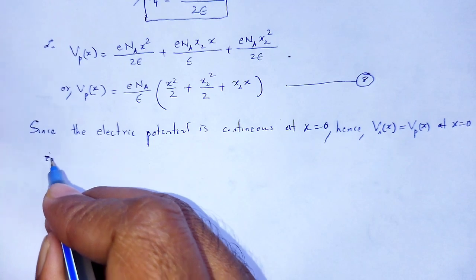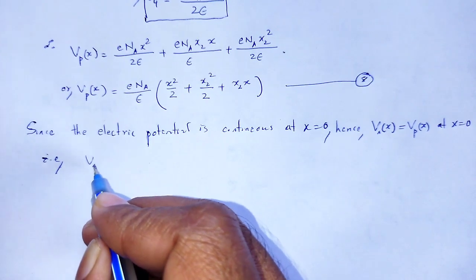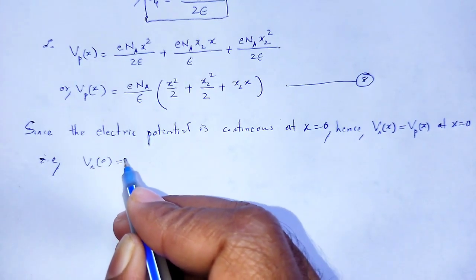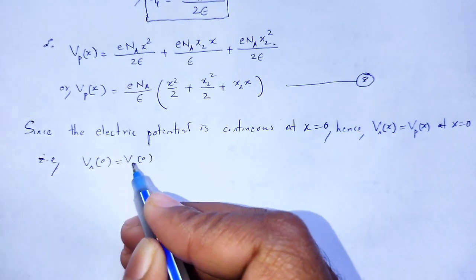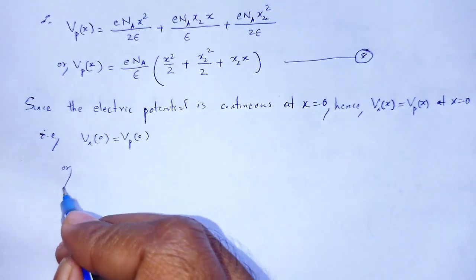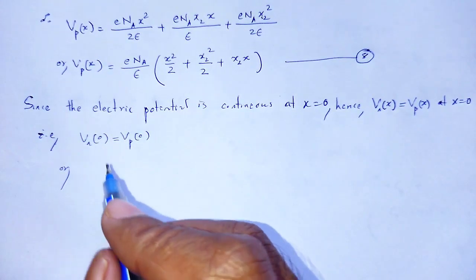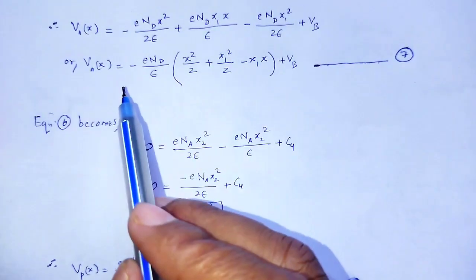Therefore, Vn at 0 is same as Vp at 0. The value of Vn when x is equal to 0.